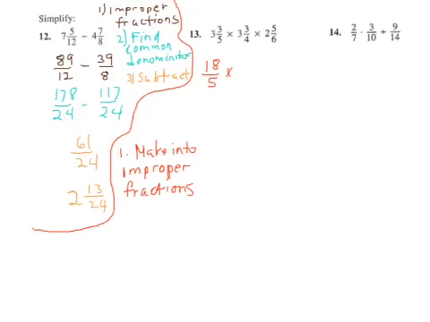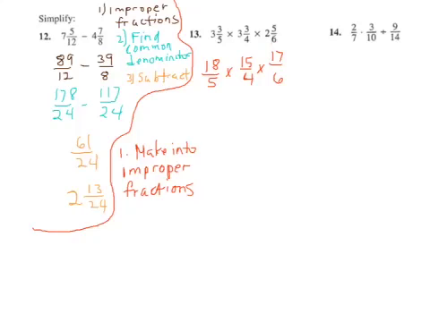And then 4 times 3 is 12 plus 3 will make that 15 over 4. And then 6 times 2 is 12 plus 5 is 17 over 6. And for each of these numbers, I kept the same bottom number. That's how you make that into improper fractions.